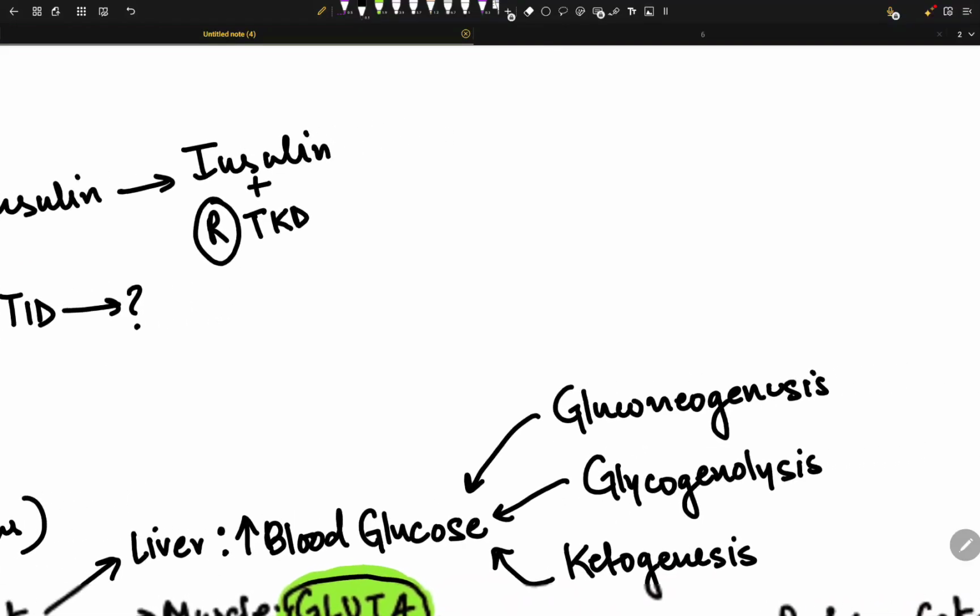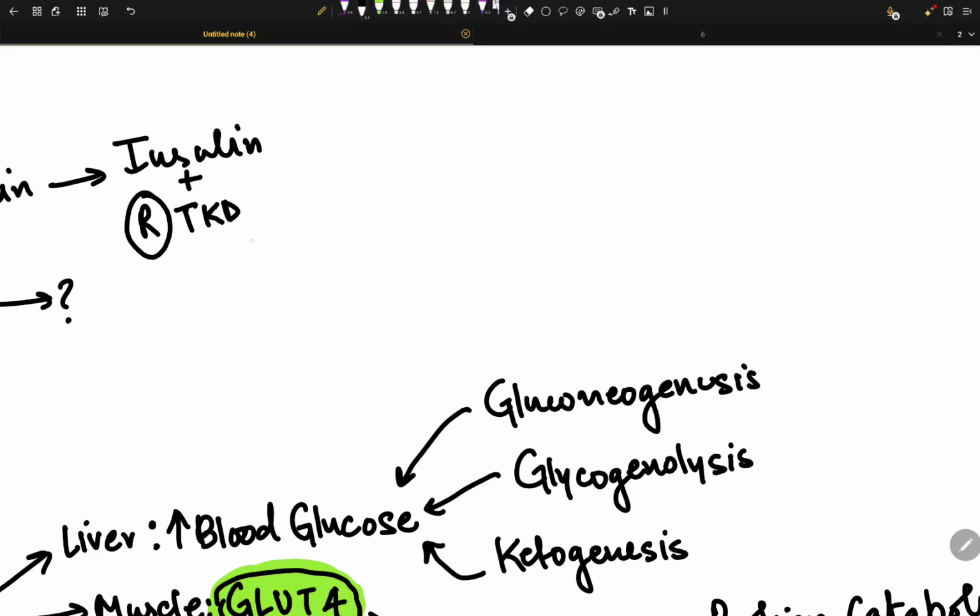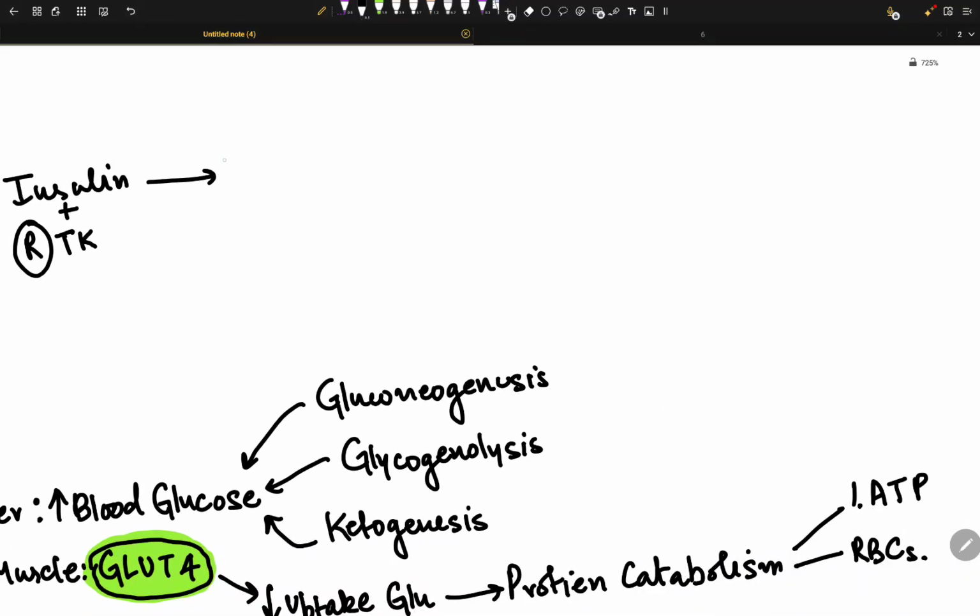Now this is the receptor, the tyrosine kinase. What happens? Well, in this tyrosine kinase receptor, we have two molecules that are inside the membrane. What will happen to these two molecules? They will dimerize.